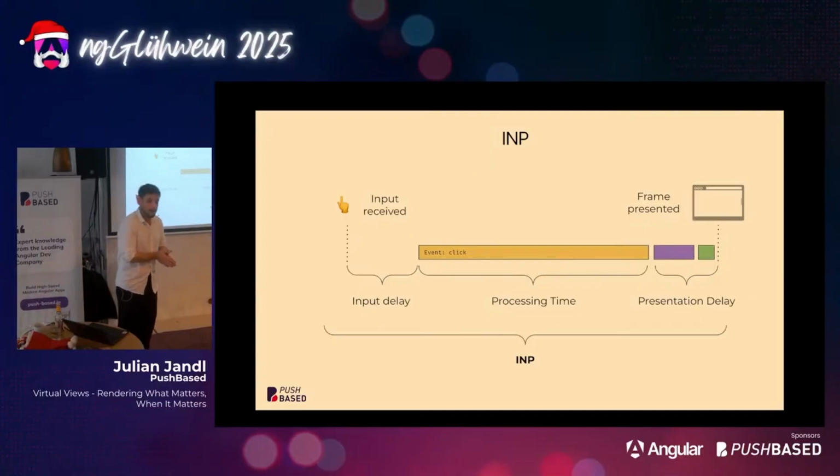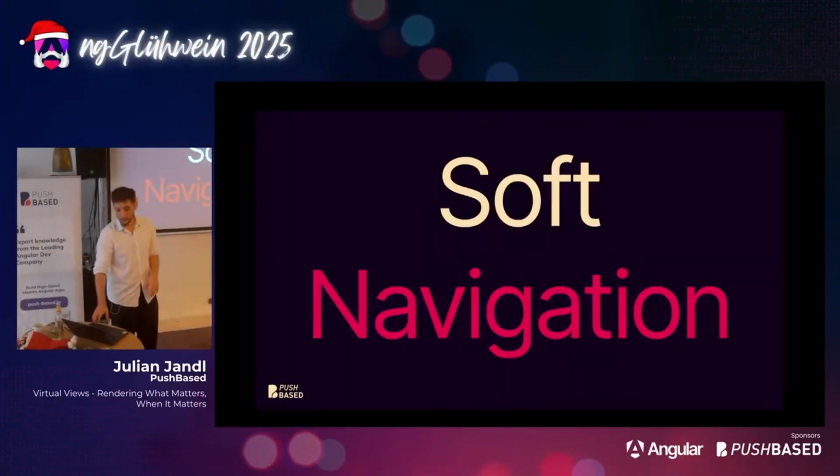Then we have the processing time, which is the actual work that you triggered, that you need in order to render something on the screen. And lastly, you have the presentation delay, so everything that has to do with rendering and painting. So if you have a lot of DOM, this stage will most likely increase. But in general, you can say too much DOM, too many components affect mostly processing time and presentation time. Those are the things where we can improve.